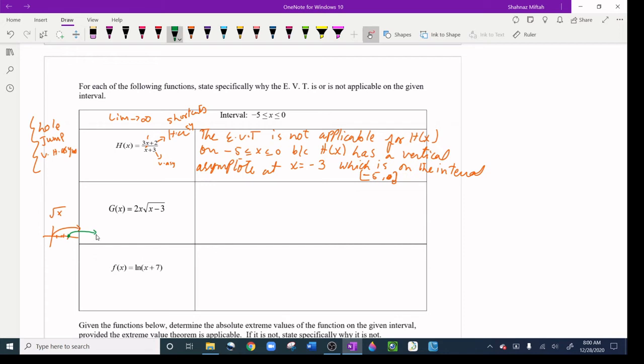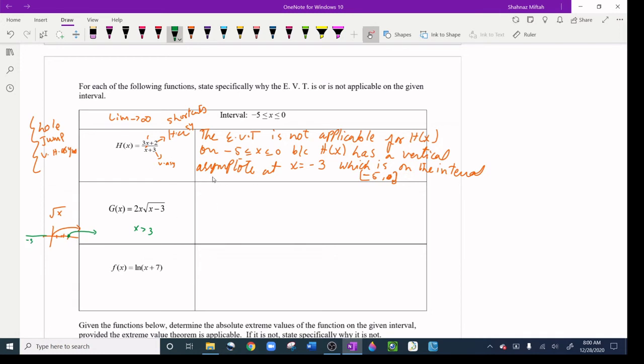It's not between -5 and 0 at all, because -5 is over here. I'm not using a calculator, but I can tell it's going in this direction, so x is greater than 3. That's why it's not between -5 and 0.